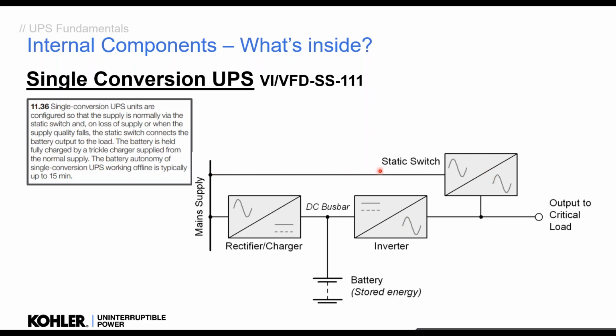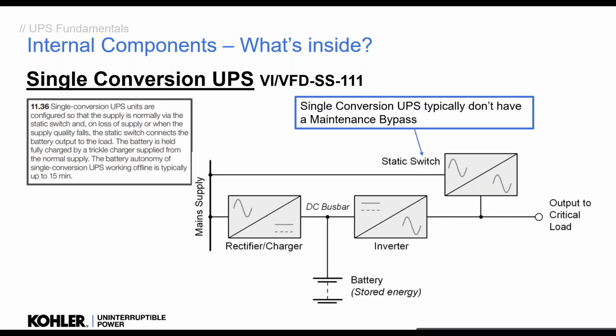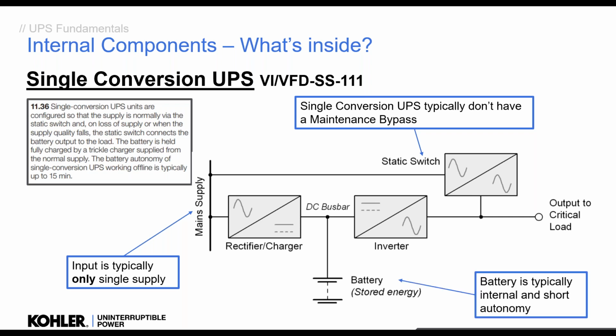Typically, these are running on the bypass, feeding the load until the mains fails, when we take it from the battery and feed the load this way. Most single conversion UPSs don't typically have an internal manual bypass, and quite often they have only the option to supply from one source, and typically batteries are internal and for short autonomies. So they have their use in healthcare, but we see the differences.